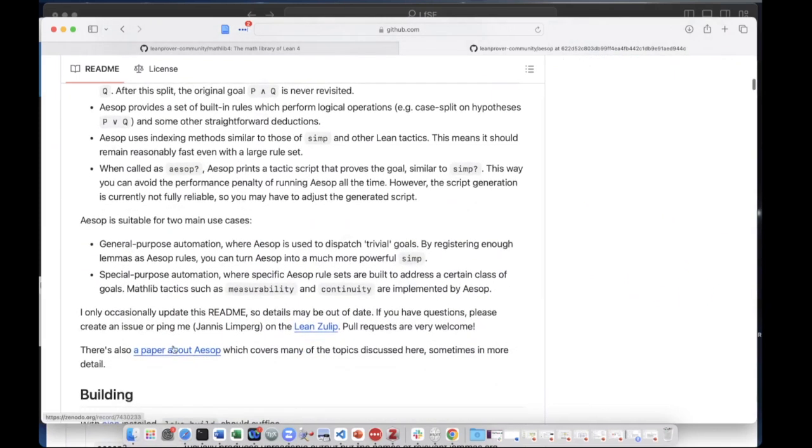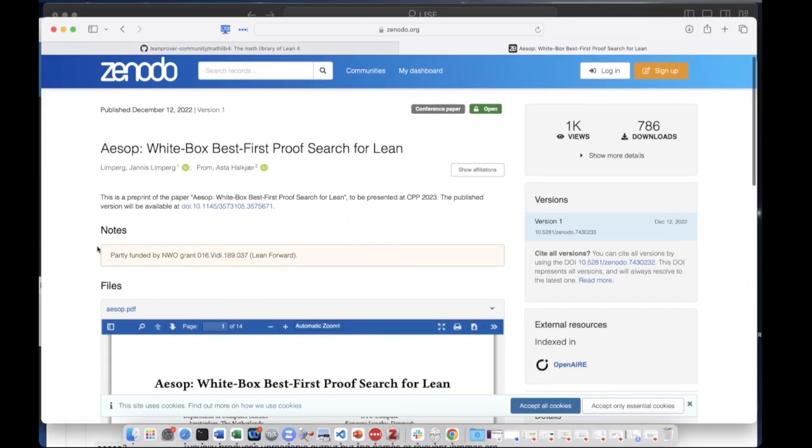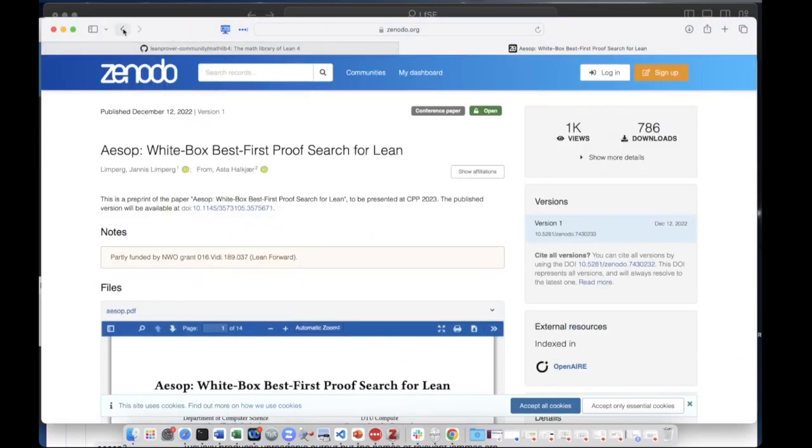There's a paper about it, which was published in December 2022, and you can read all about how ASOP works. But it's like a search algorithm and optimization algorithm.